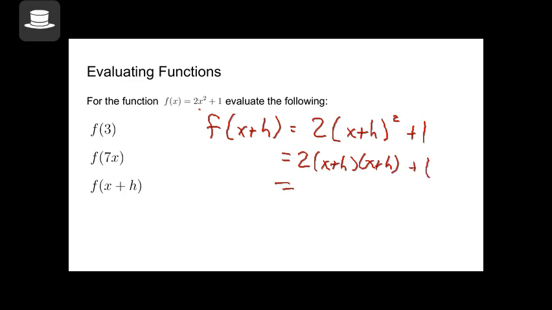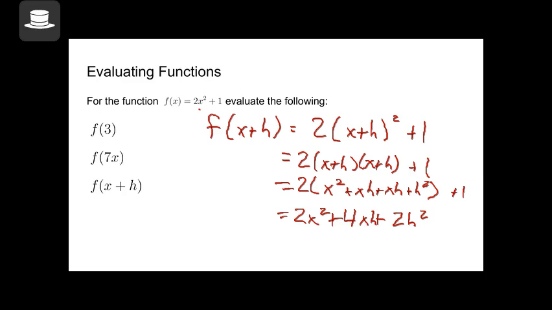So I have x squared, x times x is x squared, plus xh plus xh plus h squared plus 1. And then I distribute the 2 all the way through, so I get 2x squared plus 4xh plus 2h squared plus 1. Okay, and so that's just another example of evaluating a function. Again, we just take whatever our new input is, so in this case x plus h, and plug it in for wherever we see an x, and then simplify it as far as possible.